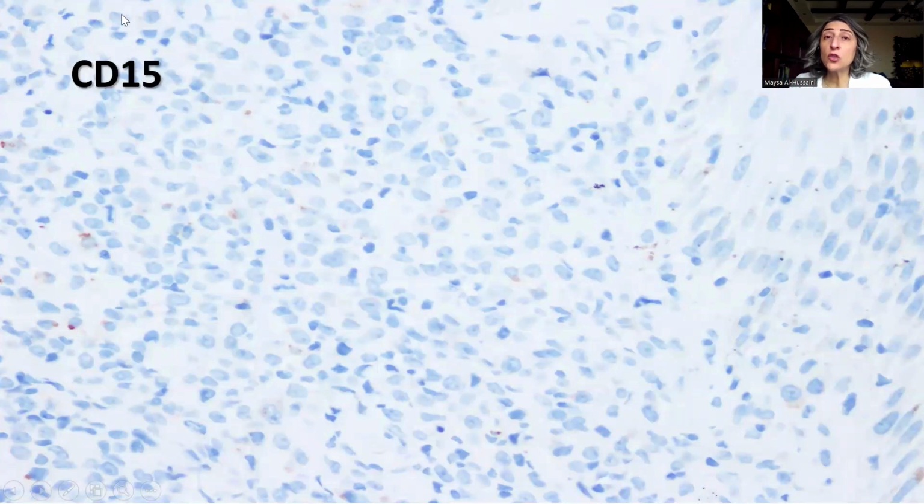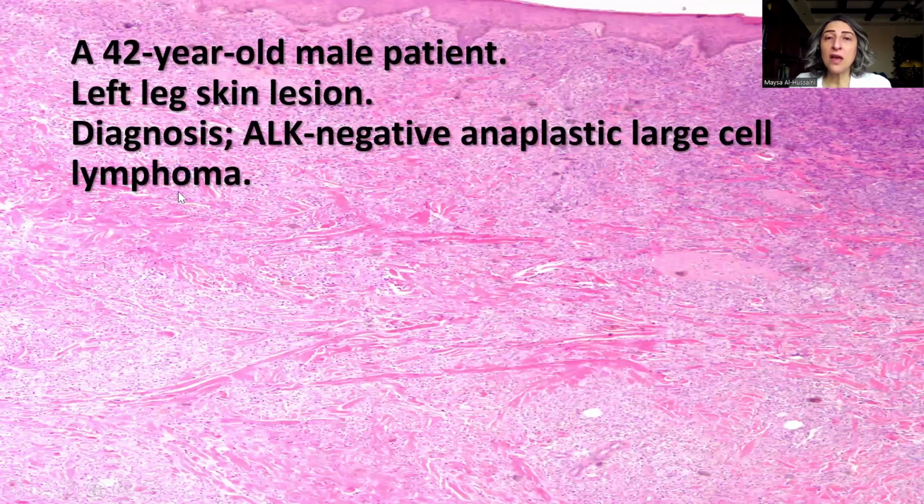And because of the strong CD15 and CD30 positivity, CD15 has always to be done in order to exclude Hodgkin's lymphoma, although I have to say cutaneous involvement in this pattern is quite unusual in Hodgkin's lymphoma. So the final diagnosis in this case is an ALK-negative anaplastic large cell lymphoma occurring in the skin, presenting as a skin lesion in the leg of an adult male patient.